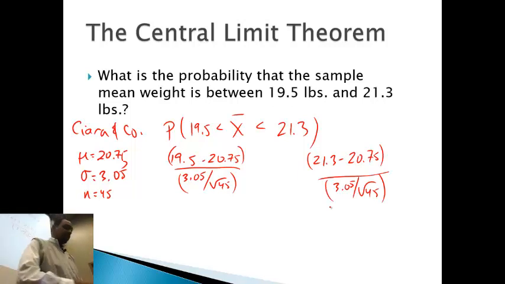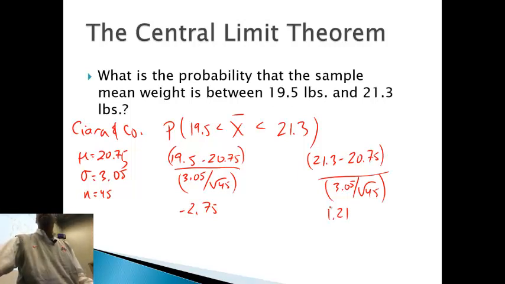And you get the two z-scores. Negative 2.75 for this one. 1.21 for that one.